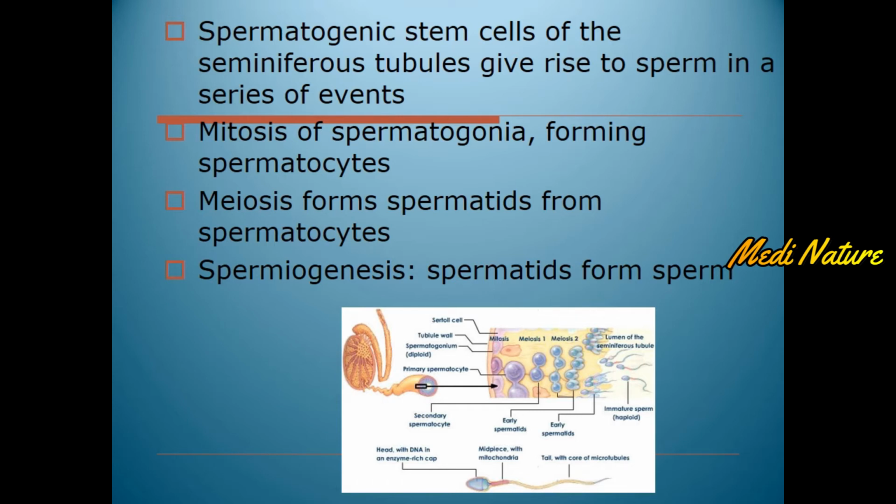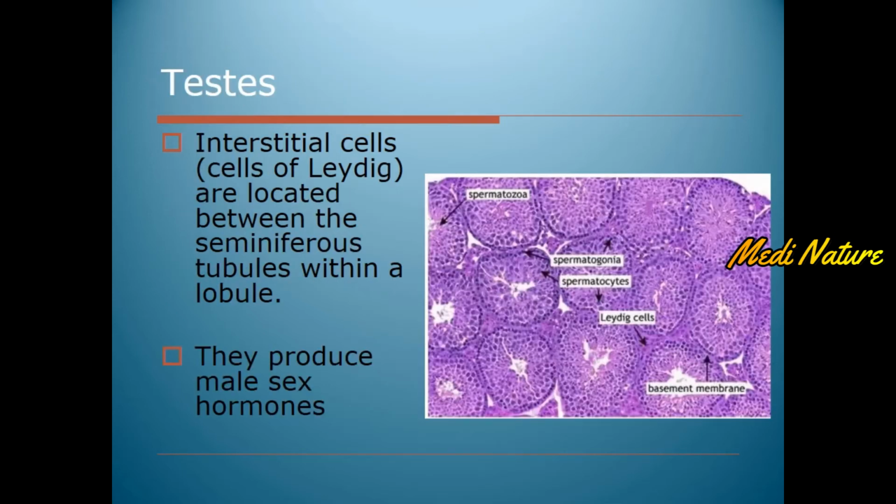Then, spermatocytes undergo meiosis and form spermatids. These spermatids then convert into sperms, and this process is called spermiogenesis.